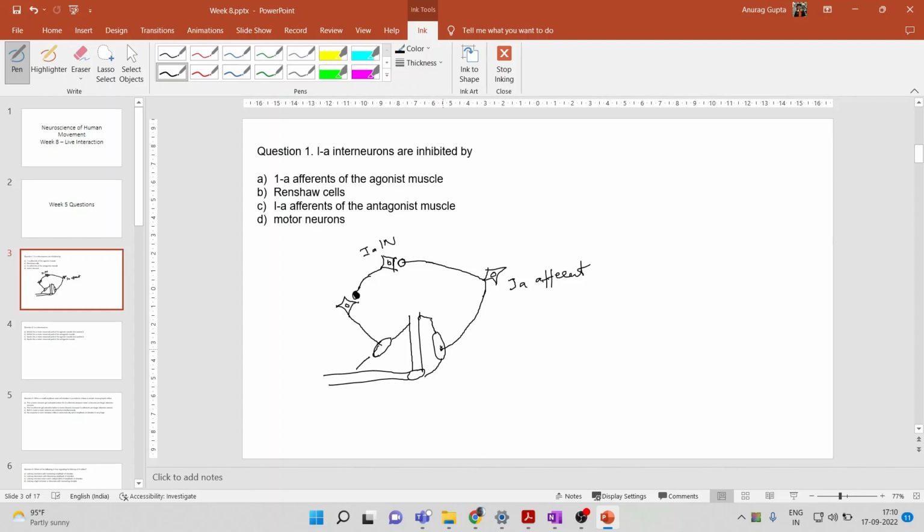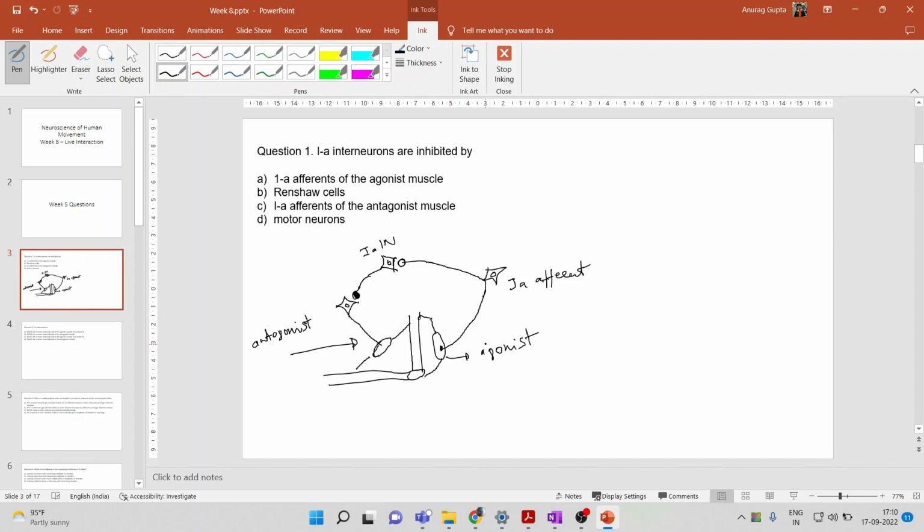Let us assume that there is a stretch in this muscle, so this is the agonist, and this is the antagonist.